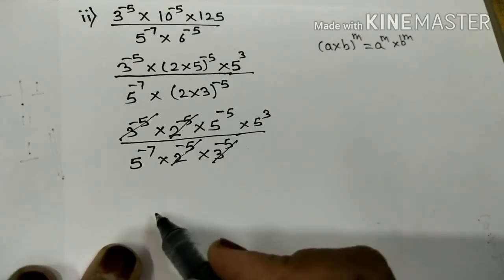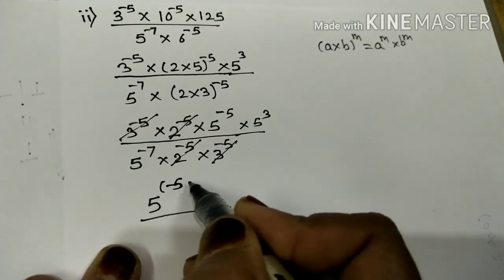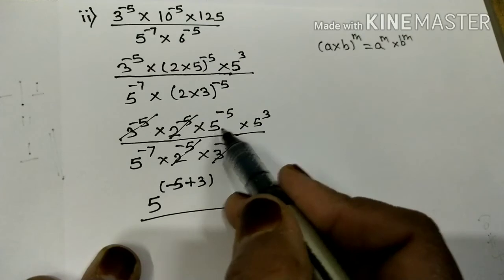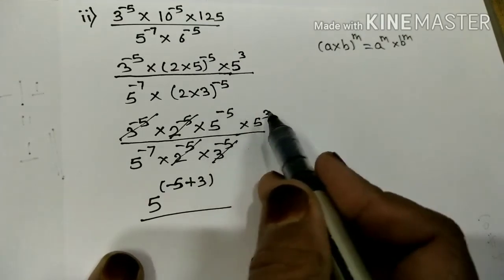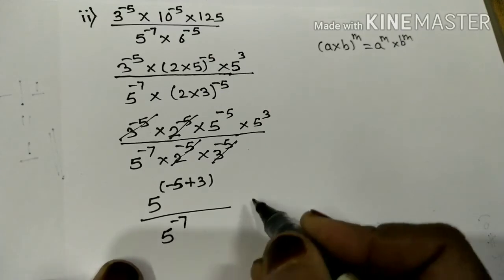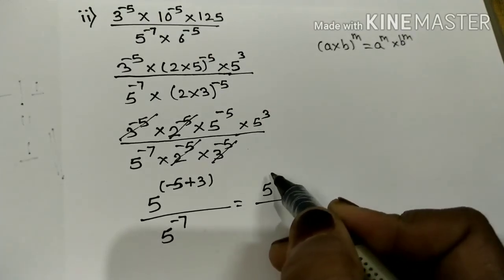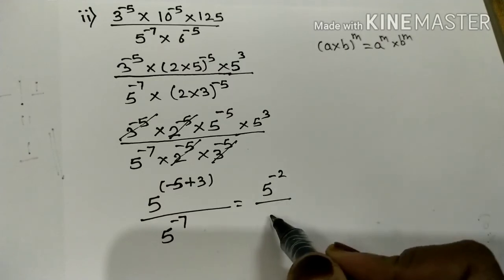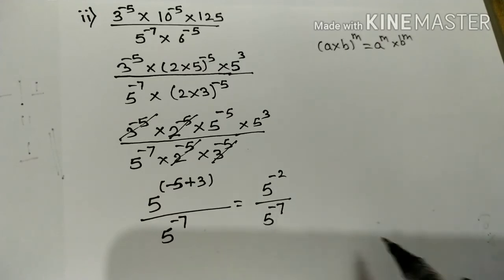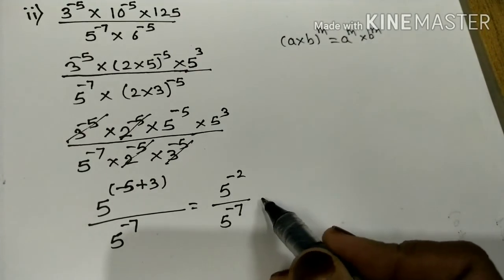Now we can add this one, means 5 raised to minus 5 plus 3. If bases are equal, multiplication means we have to add the power. In the denominator, 5 raised to minus 7. It is equal to 5 raised to minus 2 divided by 5 raised to minus 7. Now bases are equal, division means we have to subtract the power.